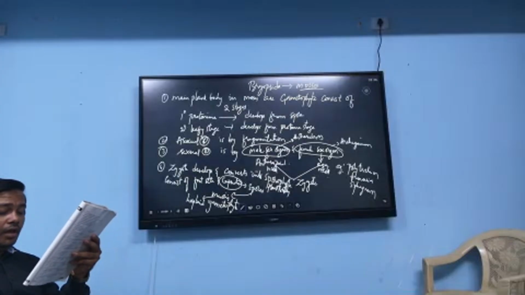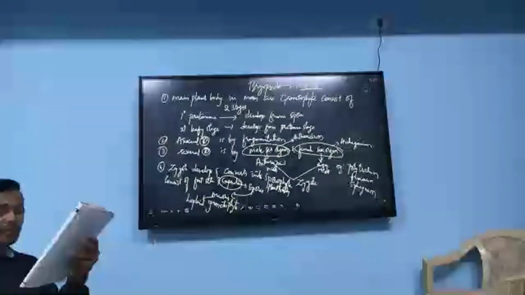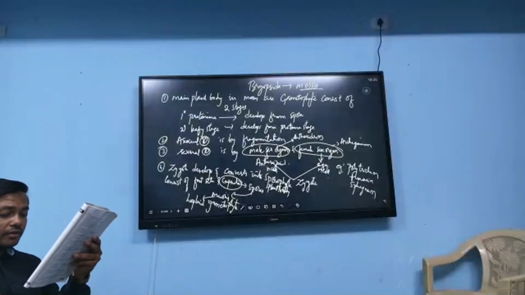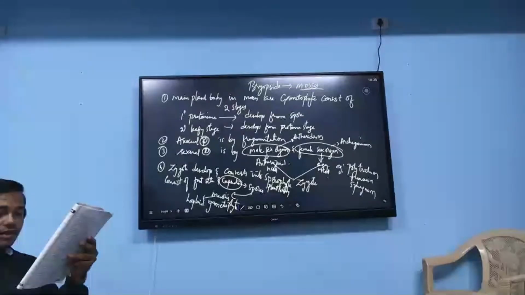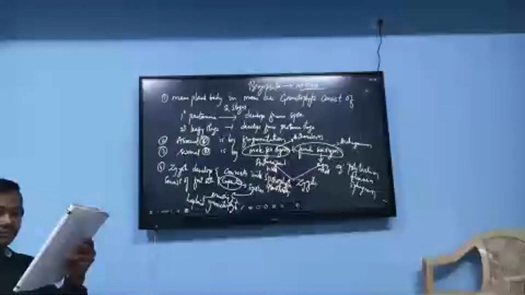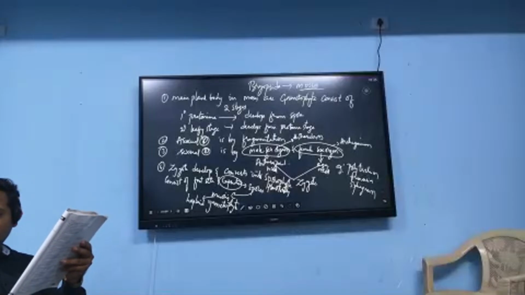B. They are photosynthetic. C. Their zygote undergoes meiosis and then produces a sporophyte.